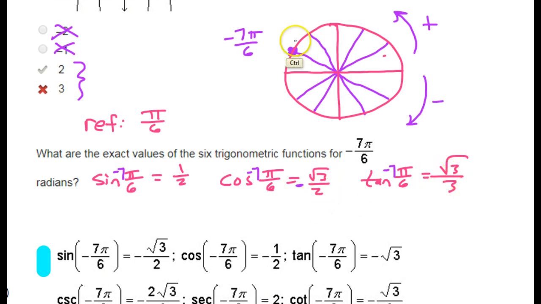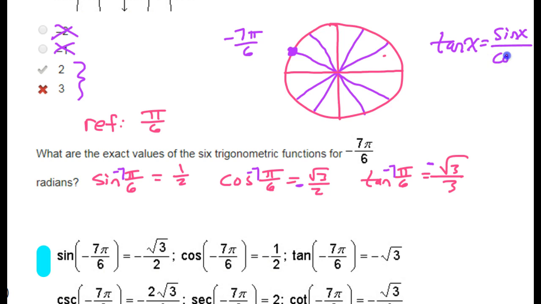Okay, now in this quadrant, tangent is also negative. That's because tangent is sine over cosine. In the first quadrant, the sine is positive and the cosine is positive, so that means the tangent is positive.